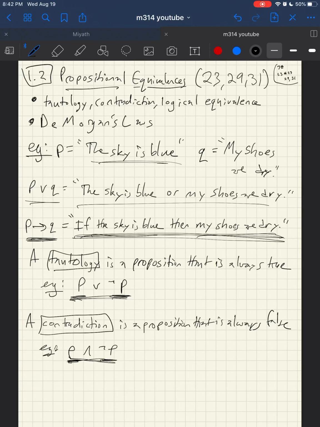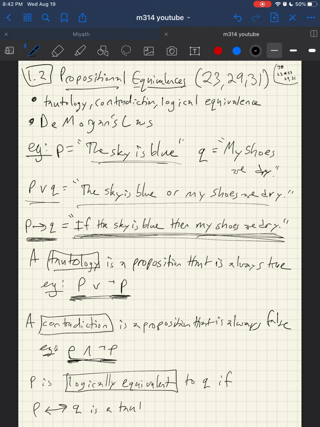We can say that P is logically equivalent to Q if and only if the biconditional of P and Q is a tautology.